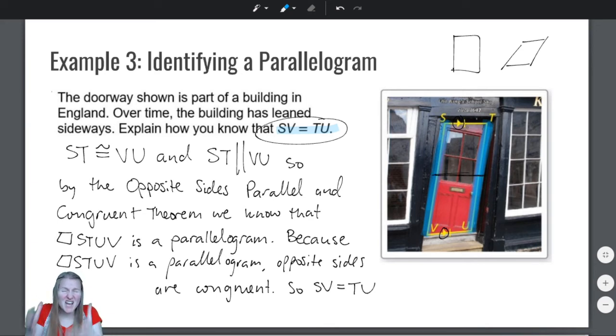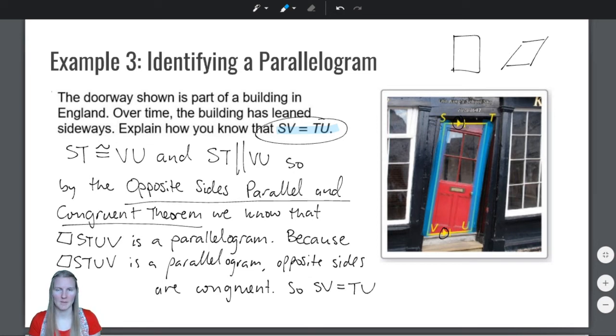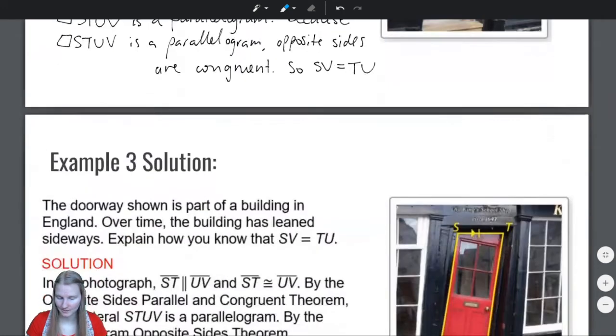But how do I know that the opposite sides are congruent unless I have a parallelogram? Well, maybe I do have a parallelogram. And in fact, I do, because of the opposite sides parallel and congruent theorem. So, let's check and see if we were correct.